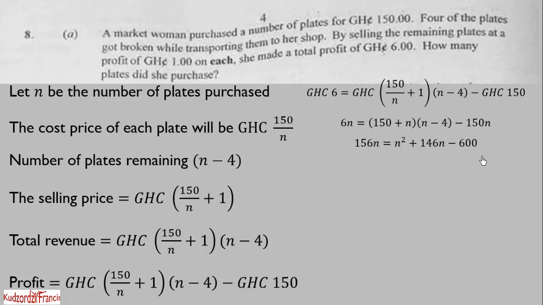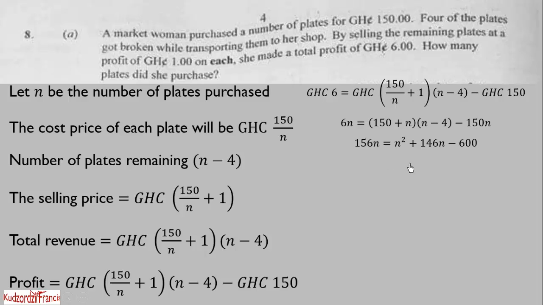This and this will give you negative 600. This and this will give you 150n. Then we are left with n times this, which will give you negative 4n. So the negative 4n and the 150n give you the positive 146n. The n times n will give you n squared.